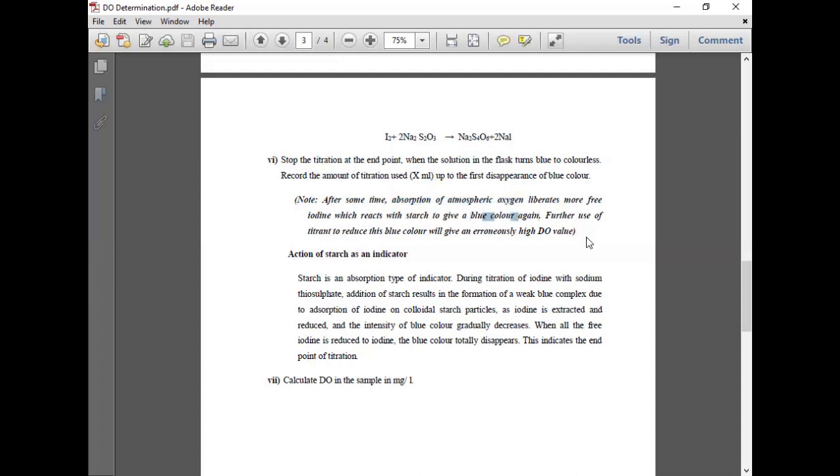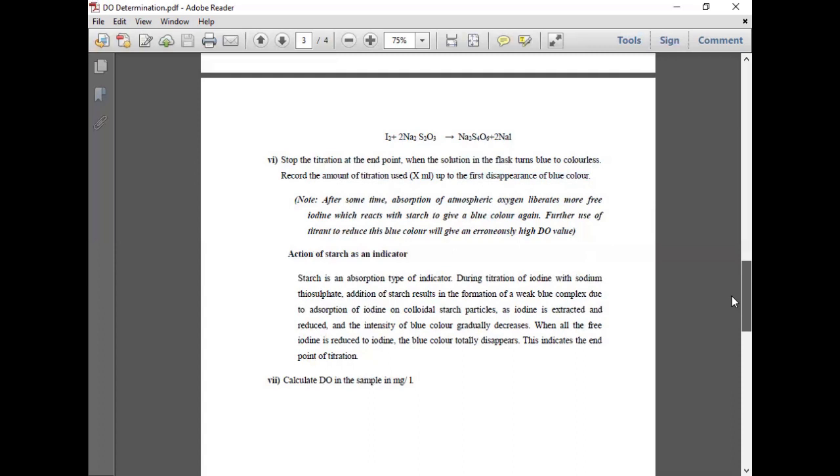But we don't have to titrate it again, because that will give you a very high DO value, right? So we are going to record X ml, that is the ml required for the first disappearance of your blue color, and we are going to note that, right?